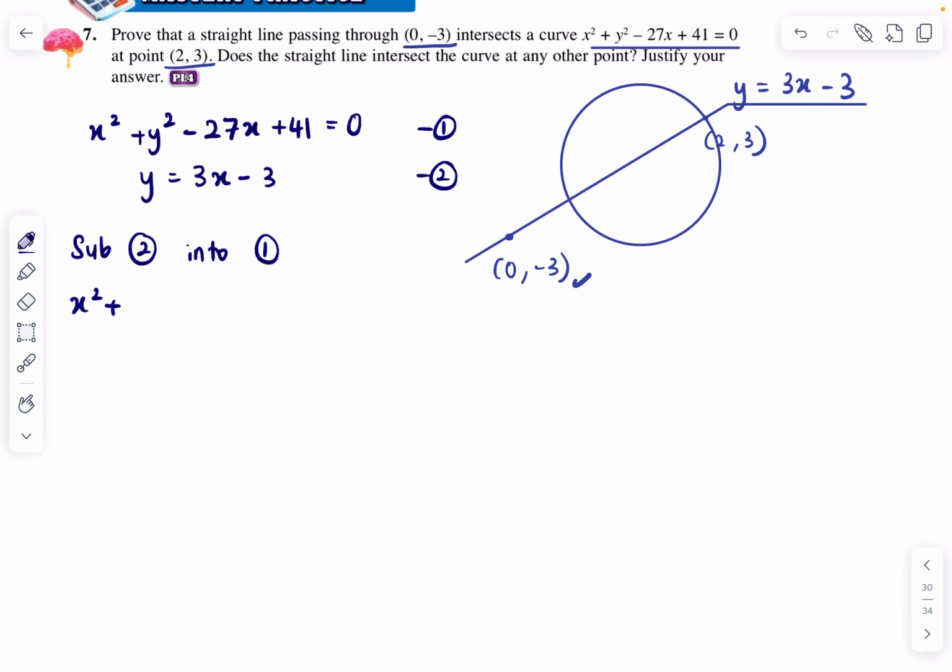So x squared plus y squared minus 27x plus 41 is 0. Then we expand. 3x, if we square, we'll get 9x squared. 2 times 3x times -3 is negative 18x. -3, we square it, we'll get plus 9.